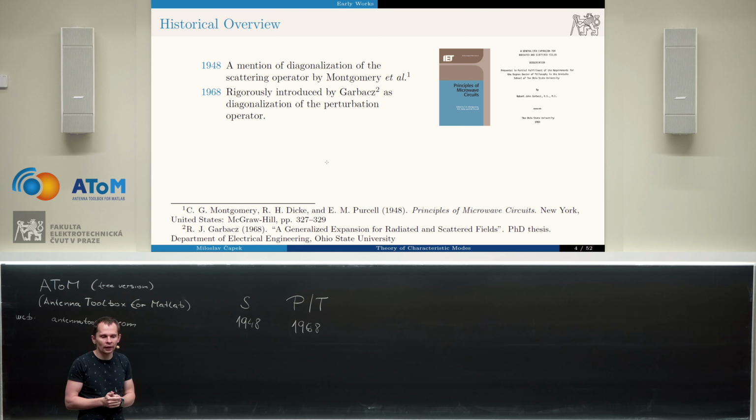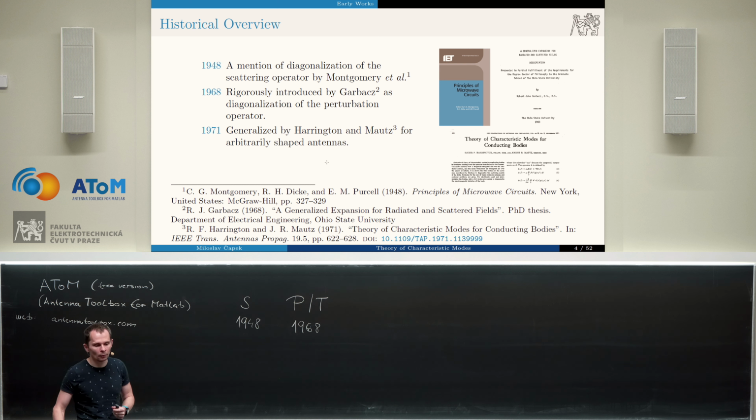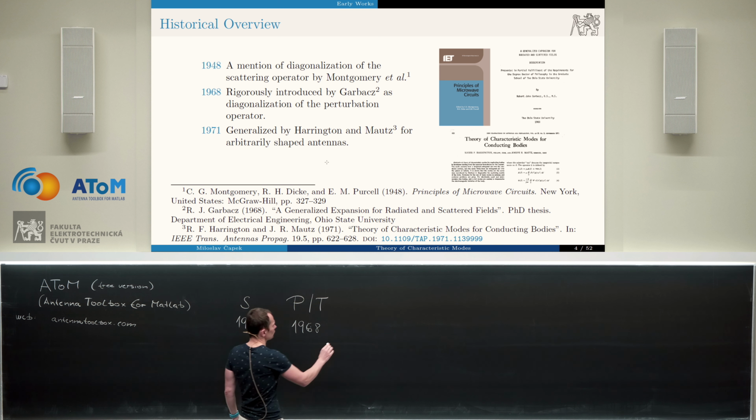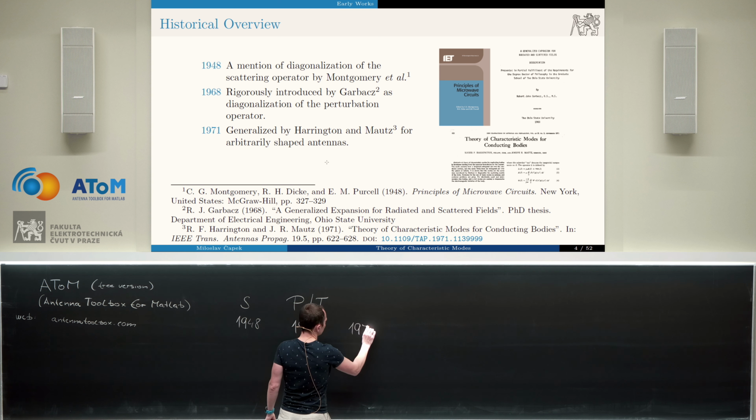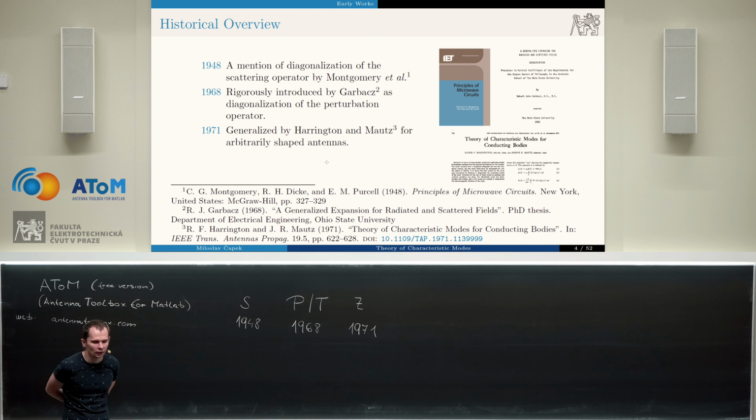This is what came with Harrington and Mautz's paper from 1971. In that paper, mentioned in the footnote as paper number 3, we can, once again equivalently to the decomposition of the scattering or transition matrix, decompose the impedance matrix instead.